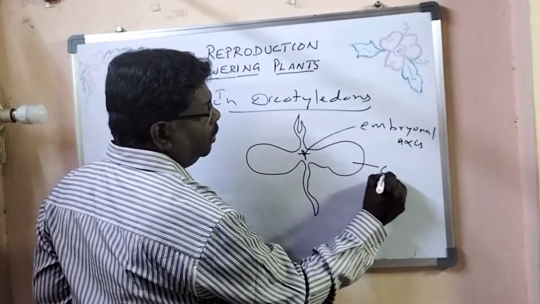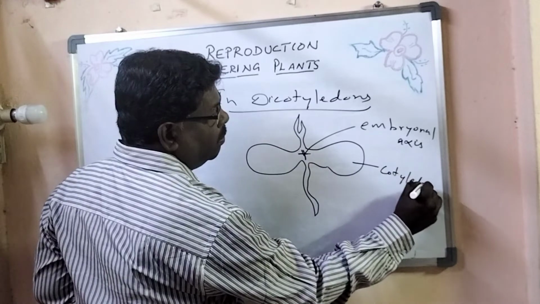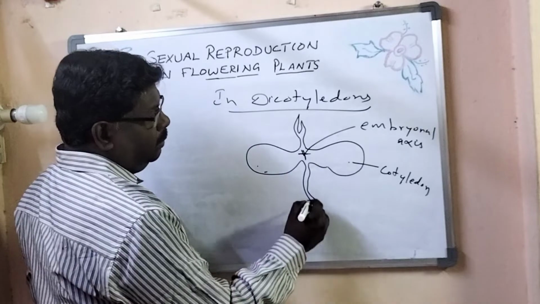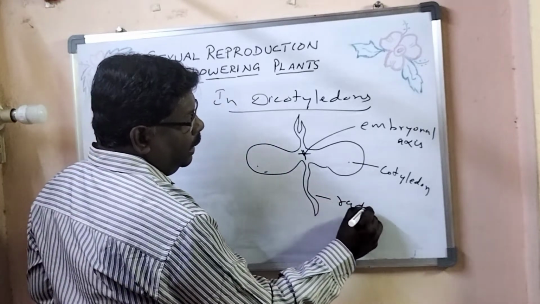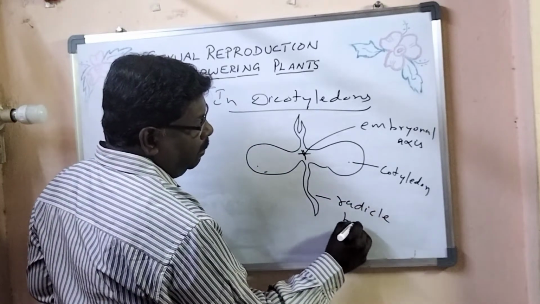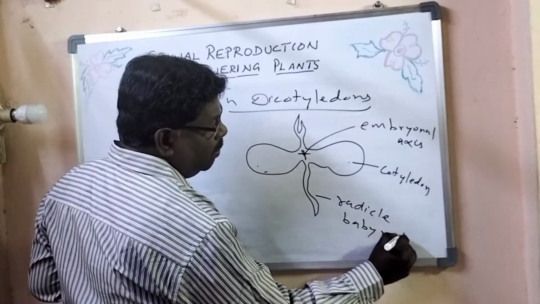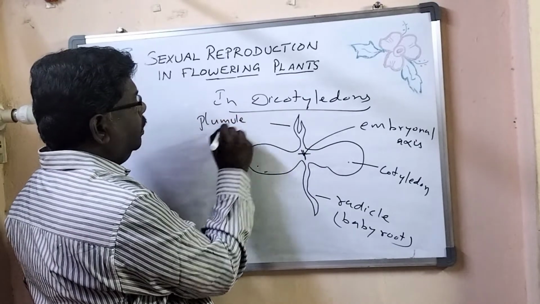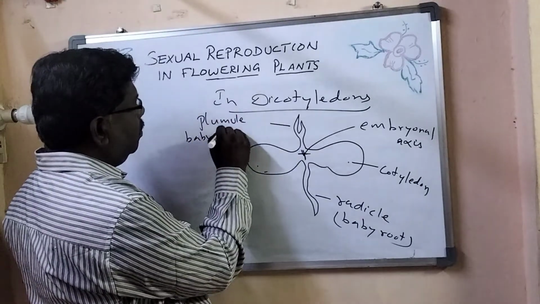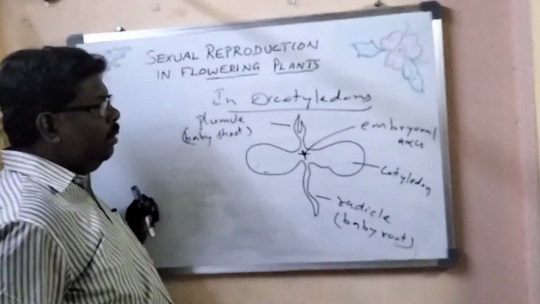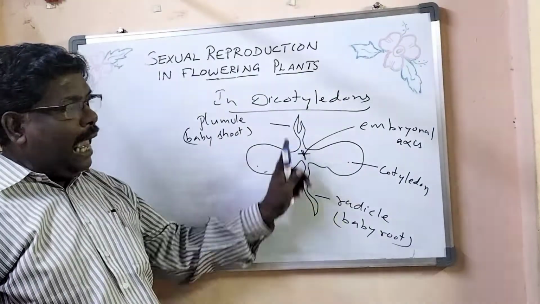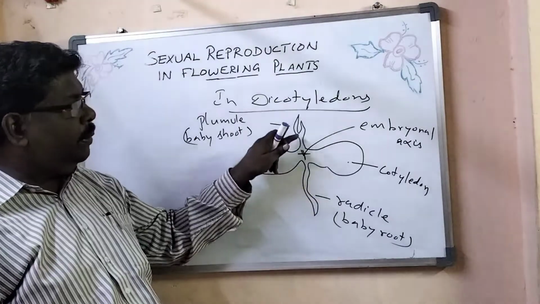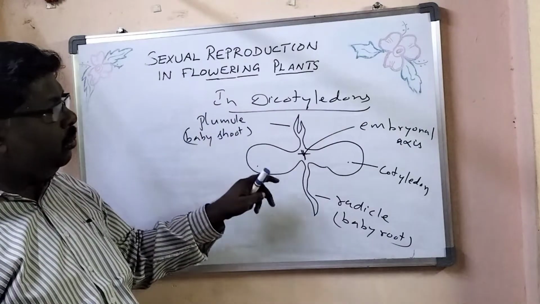This is a cotyledon, and this is another cotyledon, two seed leaves. This is the radicle, that is the baby root. This one is the plumule, that is the baby shoot. So the center part is the embryonal axis, the lower portion is the radicle, and the upper portion is the baby shoot called plumule.